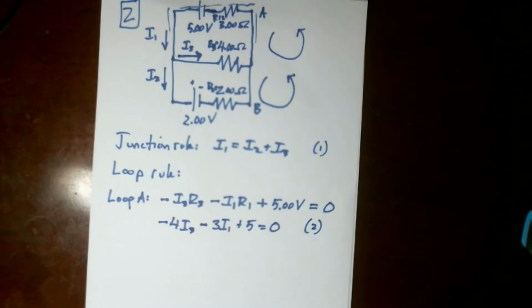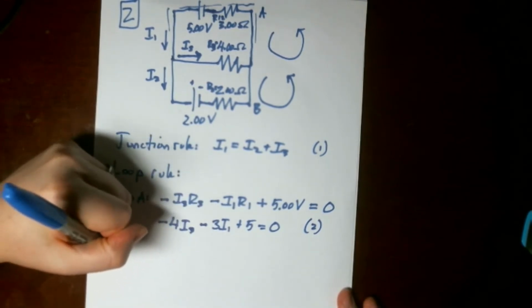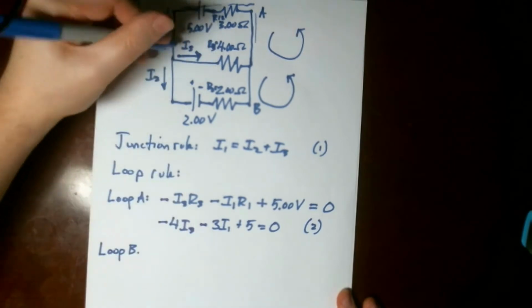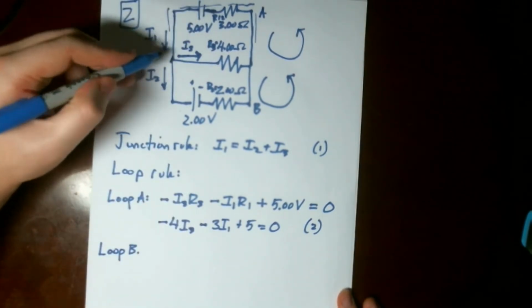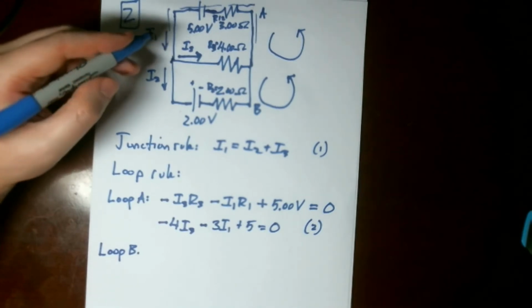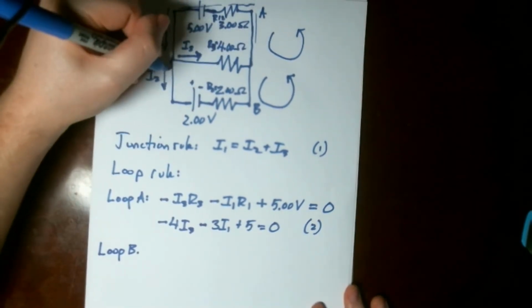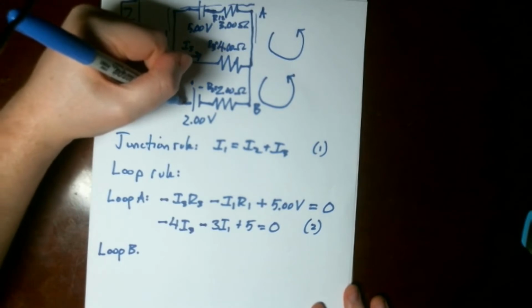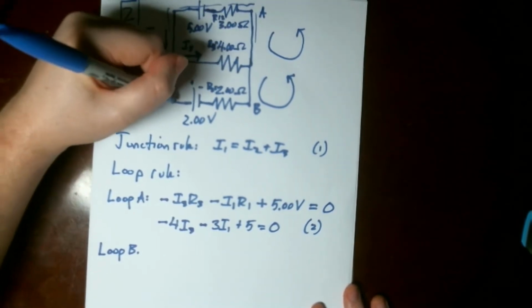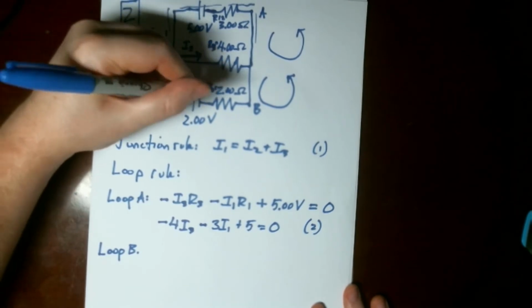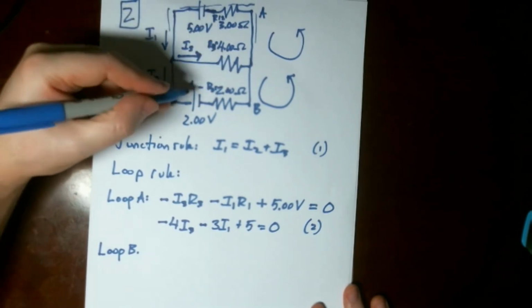We can get the last one by traversing through loop B. Let's start at the same point, this junction where current 1 splits into current 2 and 3. The first thing we come to is a voltage source, but now we're going through it from the positive terminal to the negative terminal, in reverse.